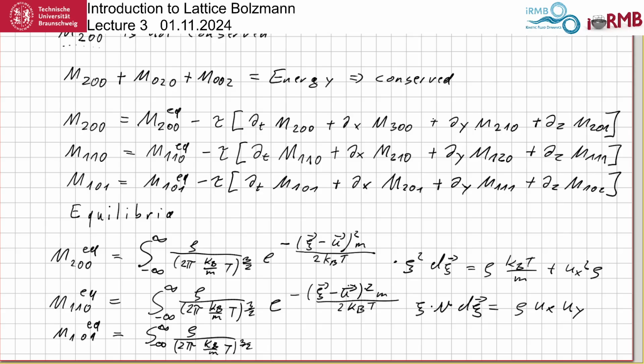Yeah, this is why we get this pi in this. Minus u squared m divided by 2 k Boltzmann T, and here we multiply with xi and zeta, and then we integrate this over xi, and you can guess the outcome, it's ux uz, okay?